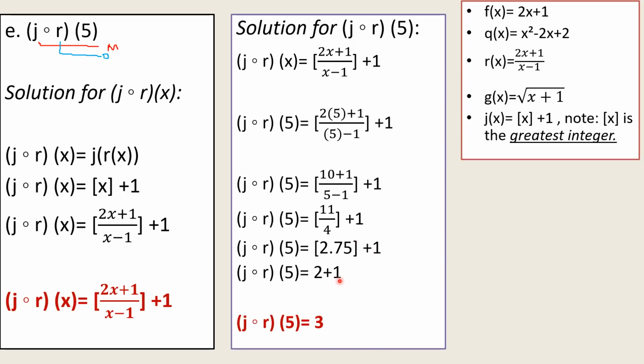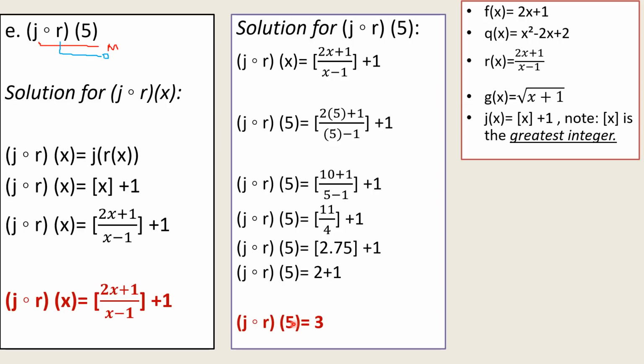Therefore, the final answer would be composition of J and R of 5 is equal to 2 plus 1, which is 3. So, therefore, this would be the value after we evaluate the final expression. Okay? So, J of R of 5 is equal to 3.